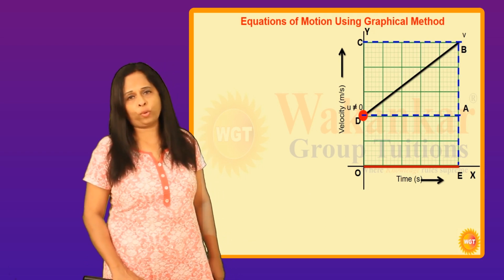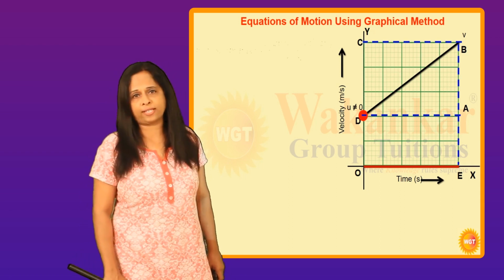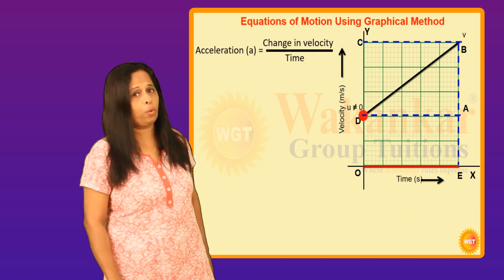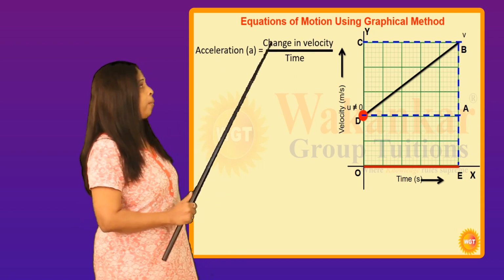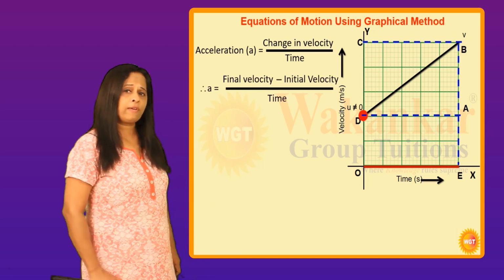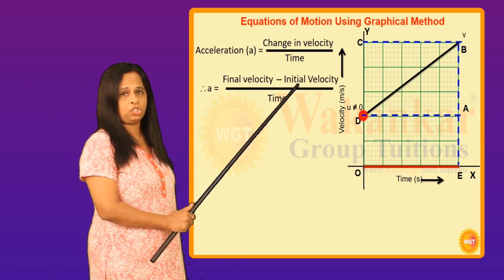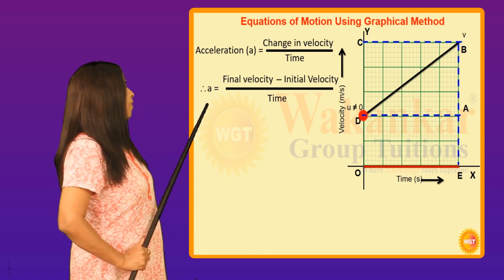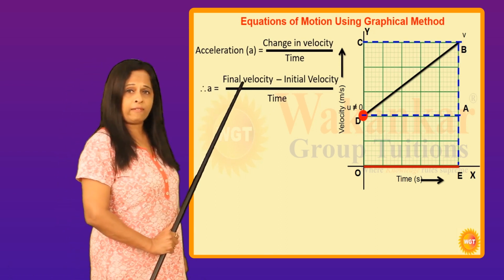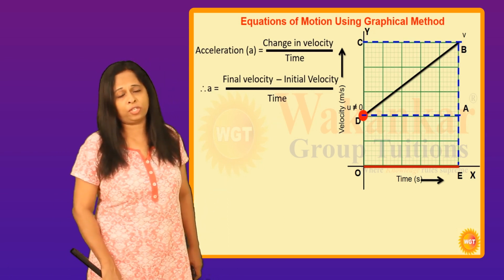To derive this equation of motion, we begin with formula of acceleration, and we already know it. Acceleration is equal to change in velocity upon time. Change in velocity can be written as final velocity minus initial velocity. Thus the formula of acceleration becomes final velocity minus initial velocity upon time t.